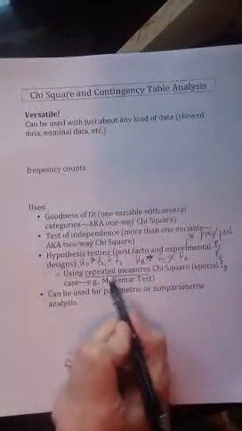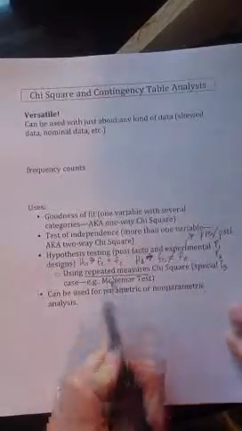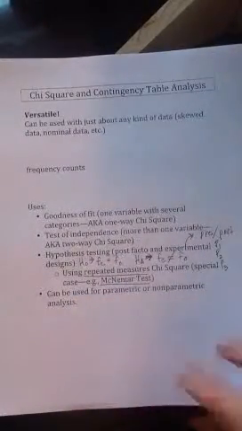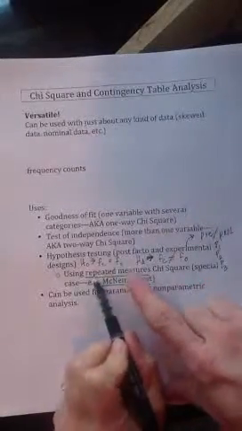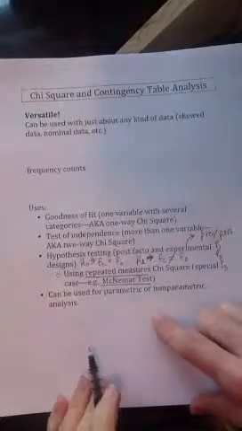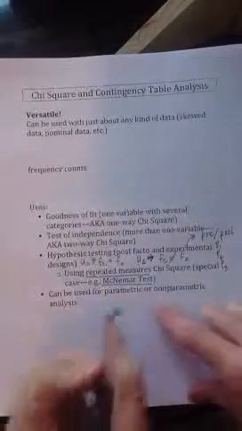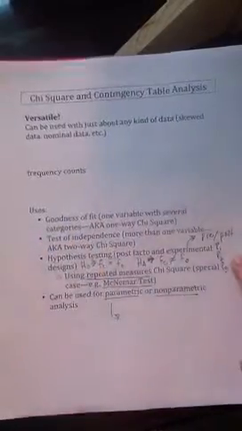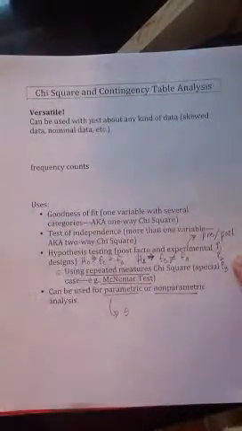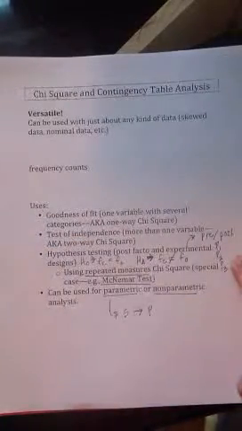Now, when you're doing repeated measures with chi-square, you can use McNemar's test. It's a form of repeated measures chi-square analysis, and we might touch on this briefly in class. What's also nice about chi-square is it can be used for parametric or non-parametric analysis. Parametric, if you recall, is where you're looking at a specific sample and seeing if it's part of a particular population.